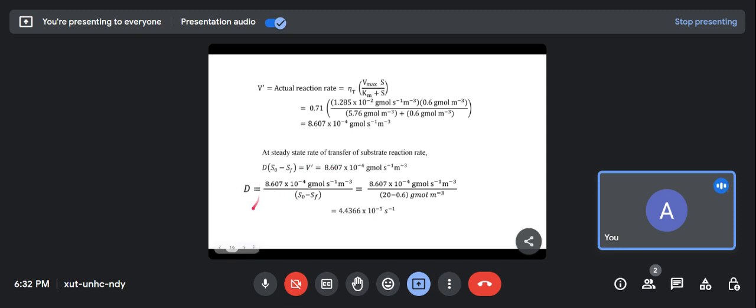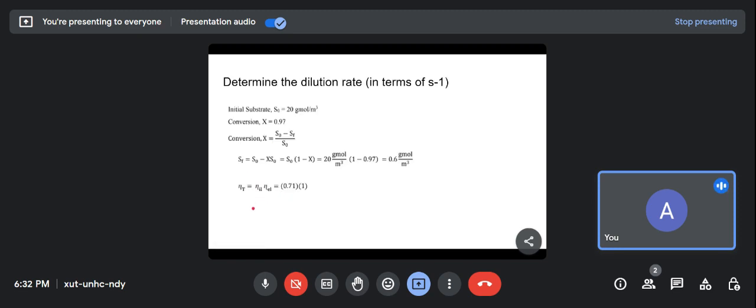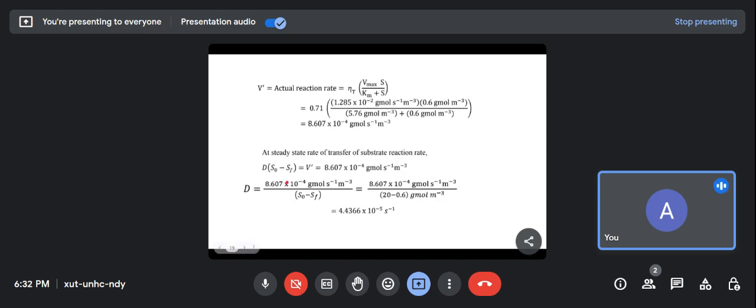So you have to find the dilution rate from this in this case, because that is what the question is asking. So you have 8.607 into 10 to the power minus 4 gram mole per second per meter cube divided by initial substrate minus final substrate. Initial substrate is 20 and final substrate is 0.6. So you get the dilution rate as 4.4366 into 10 to the power minus 4 per second.